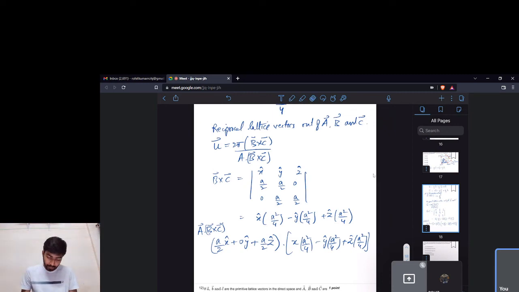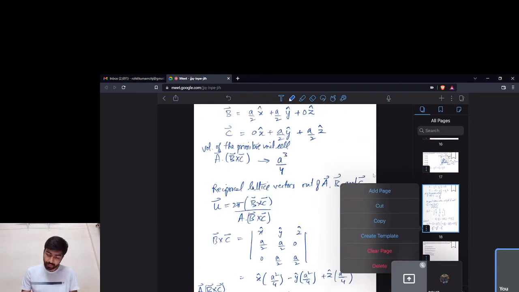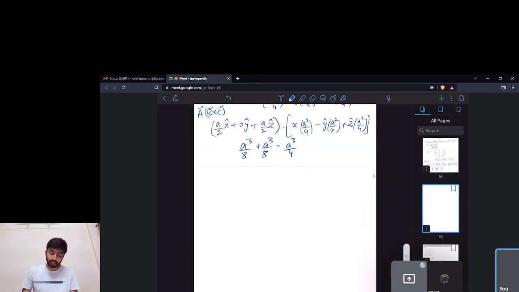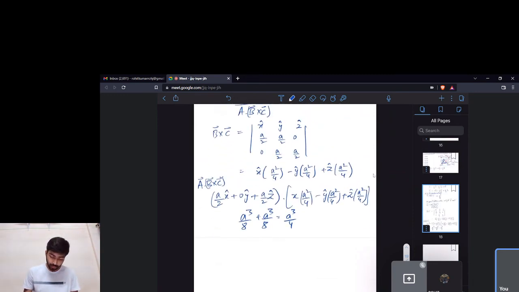In fact, A dot B cross C, if we do it, will be A cube by 8 plus A cube by 8 is equal to A cube by 4, which we already did previously, which I skipped as it is an easy exercise. Now if we divide, U, as I said, is 2 pi B cross C divided by A cube by 4, which you have just found out. 4 goes above, becomes 8 pi by A cube.